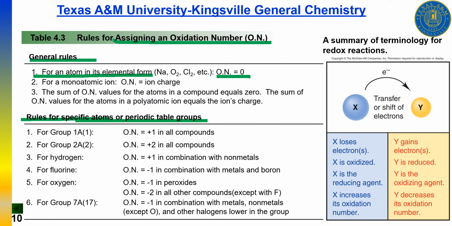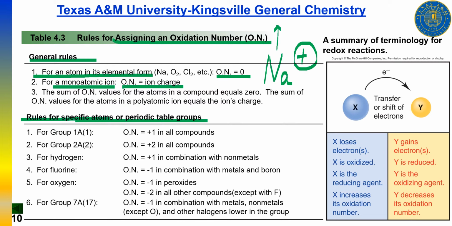For any monoatomic ions, the oxidation number is the same as the charge. For example, if I have sodium Na+, this is a monoatomic ion, so the oxidation number for the sodium is the same as its charge.